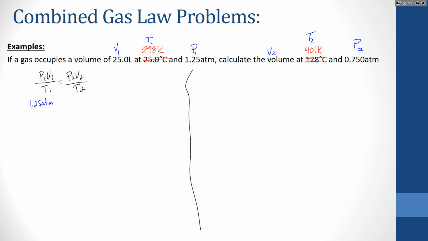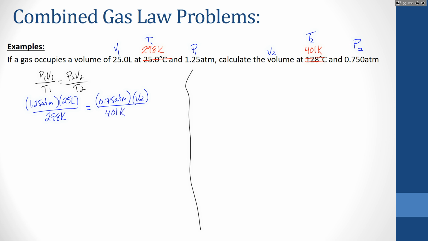So substitute my values in: 1.25 atmospheres times 25 liters over 298 Kelvin equals P2, 0.75 atmospheres, times V2, which we don't know, over 401 Kelvin.